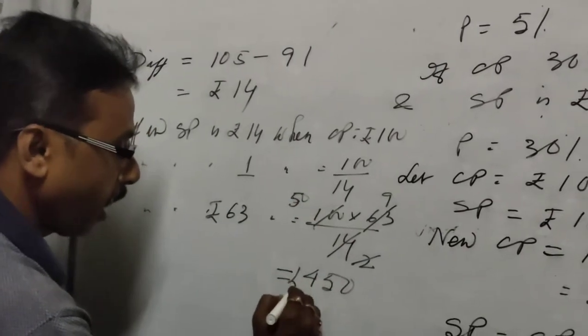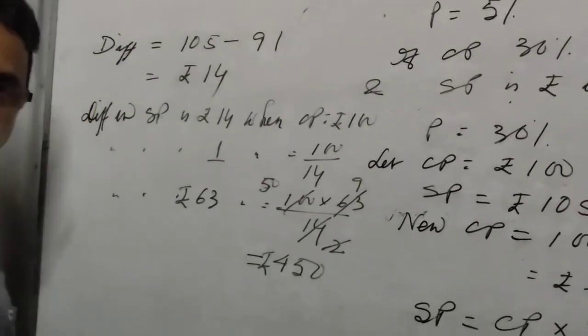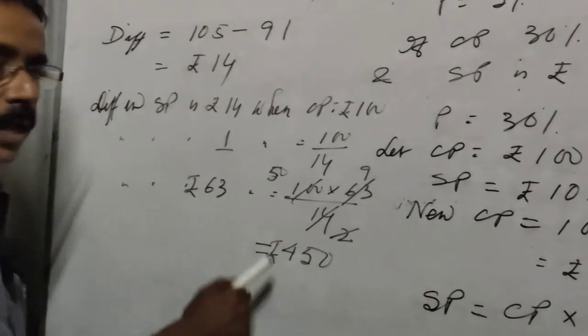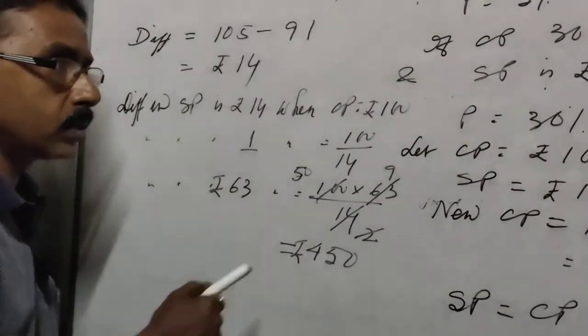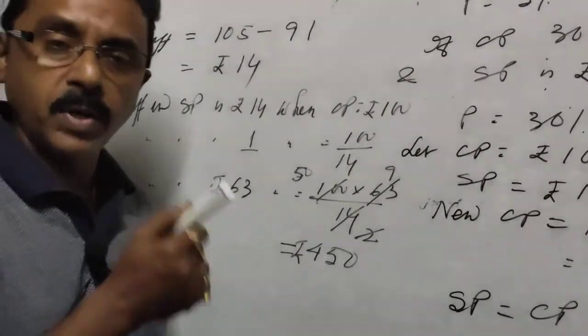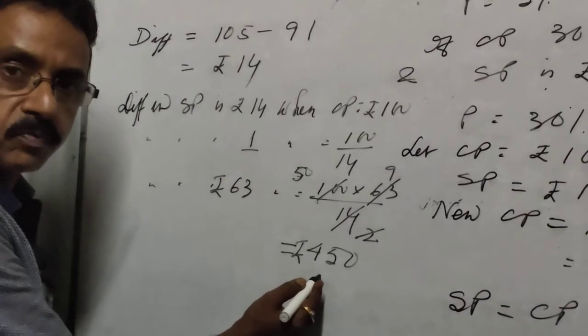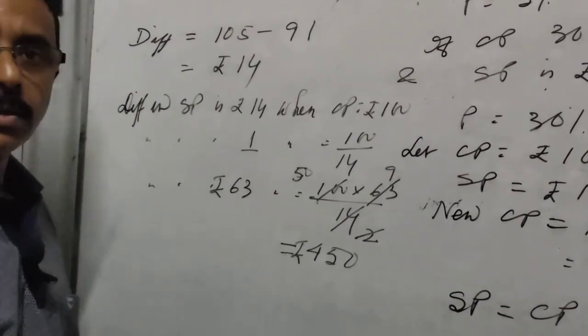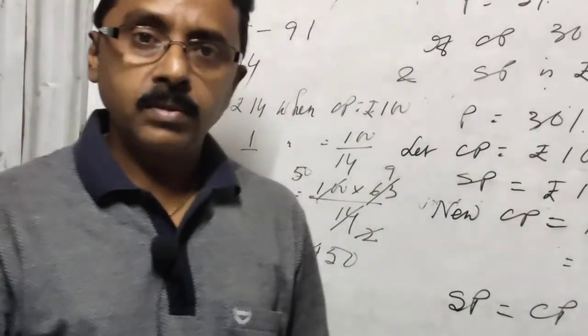So we have the original cost price of the article is rupees 450, and this was the question, at what price the article was purchased, and it is rupees 450. Okay, thank you very much.